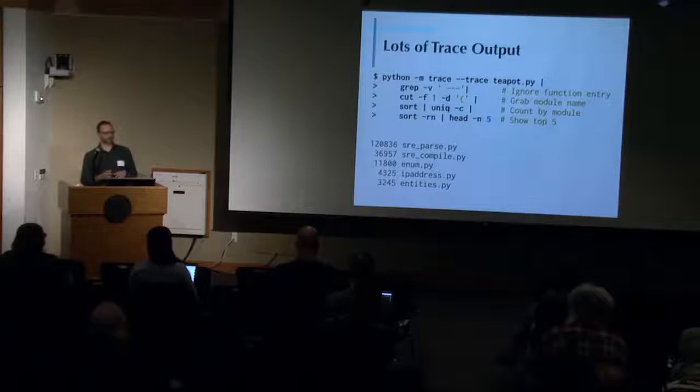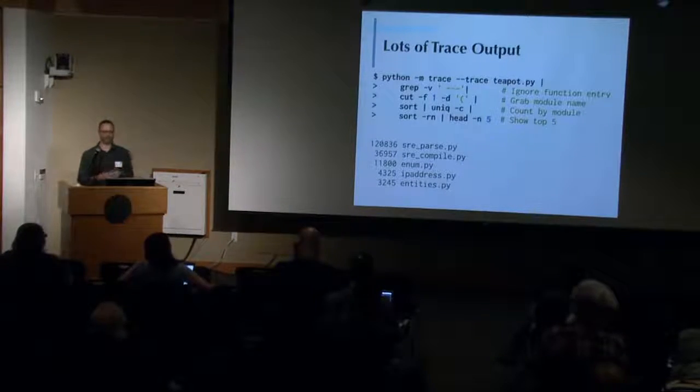So even though we are making a single HTTP request, somehow there's a lot of regular expression parsing and compiling going on. Again, another indication that it's not just your code, it's not just the third-party code that's being traced, but it's every single line of Python that's being run.